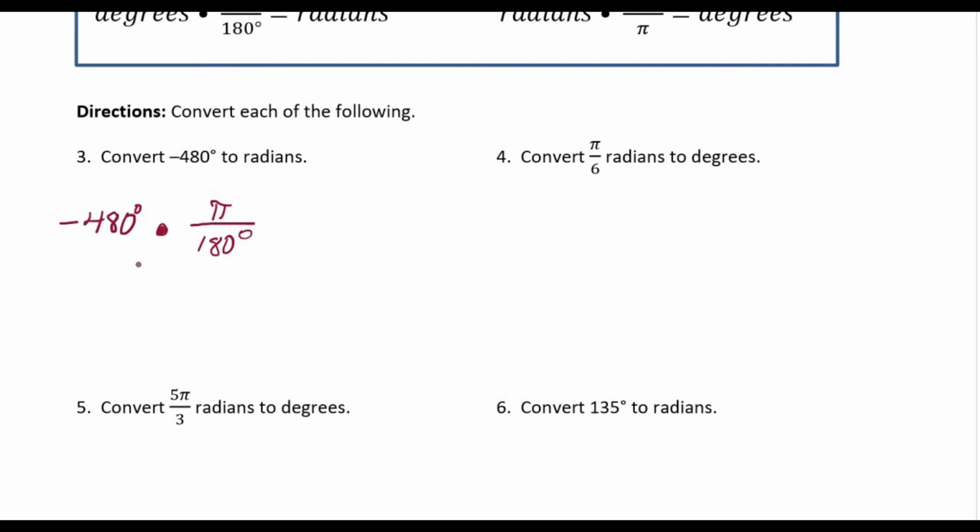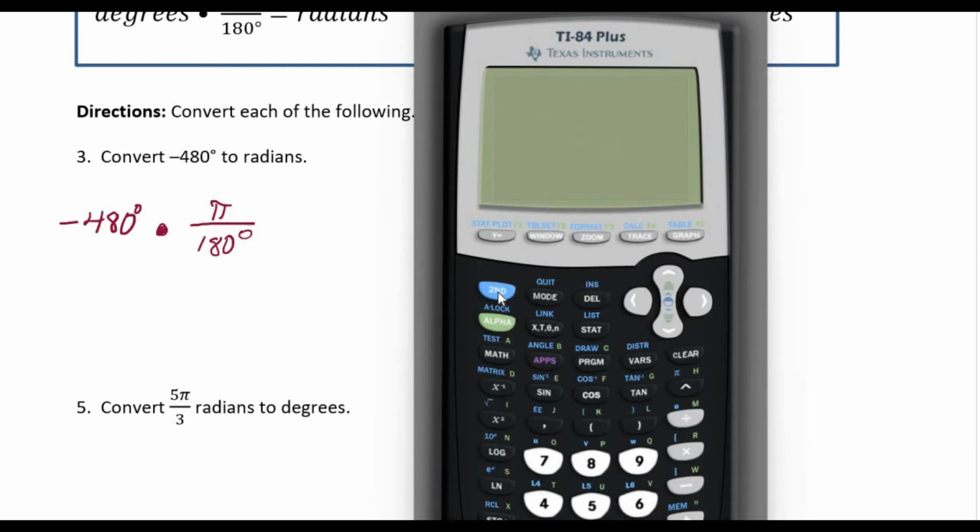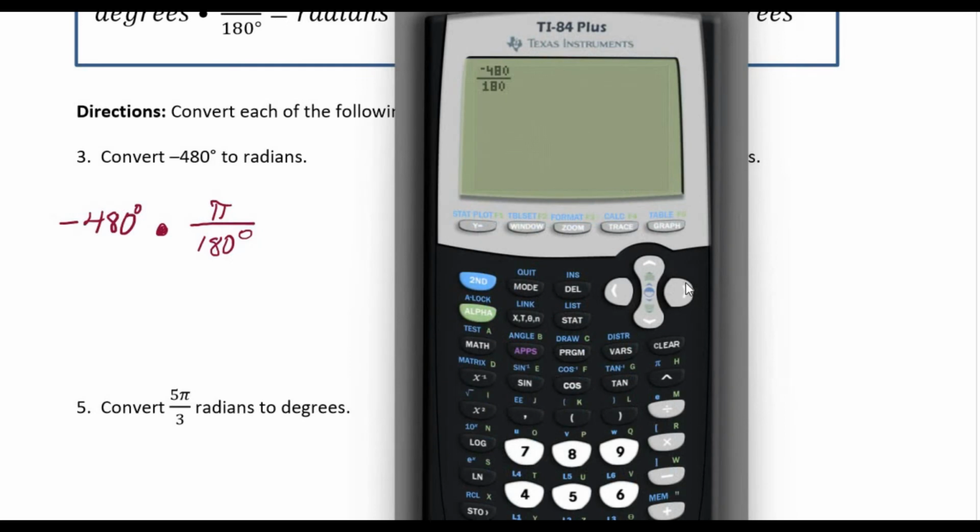Now, what I would do is to put this in my calculator as just negative 480 over 180. So if you hit alpha and then y equals, you get your fraction template that comes up.